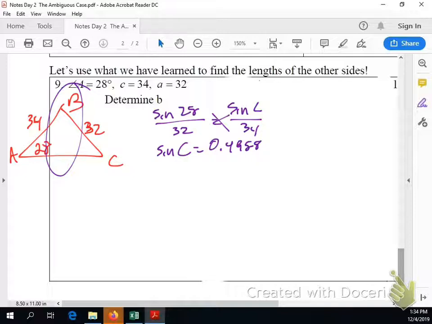So we get 0.4988. Now we inverse sine that, because we know that's not going to give us an angle measure. And so we get 29.92. So it does give us an angle measure here.